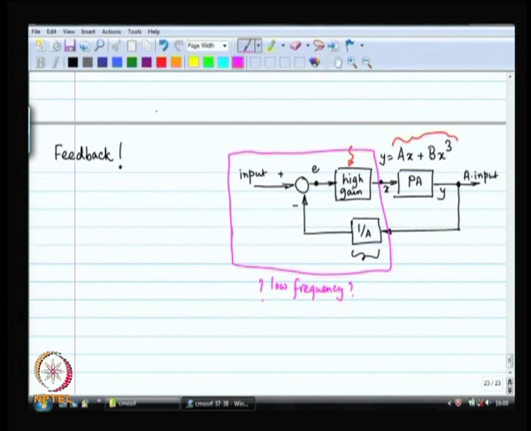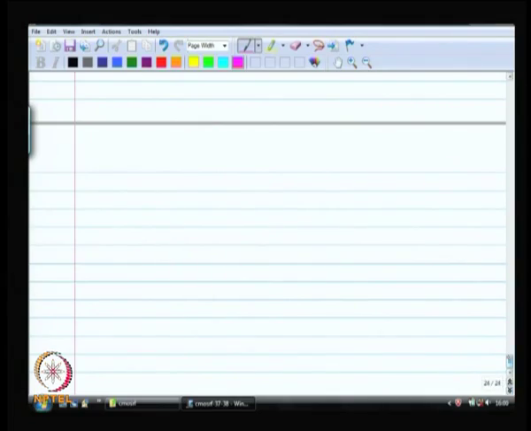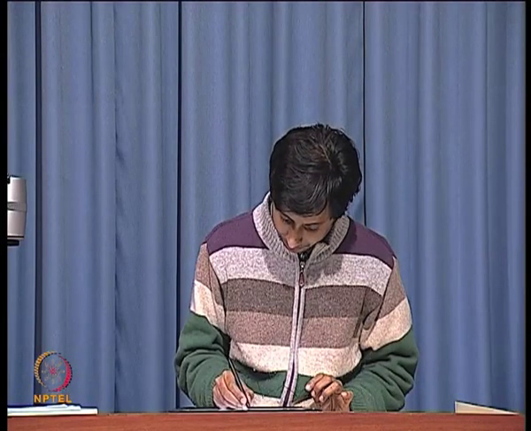Is it possible to translate this entire portion to a low frequency and then up convert it and then broadcast it through the power amplifier? So, what I am suggesting is, why do not we build something like this?